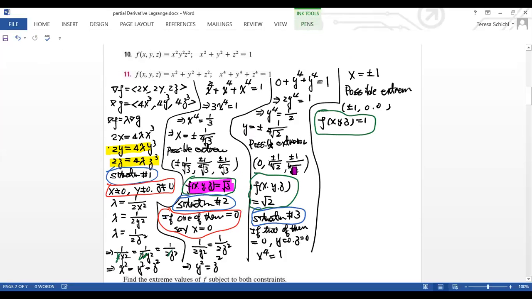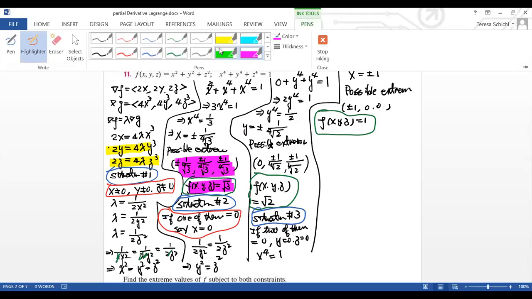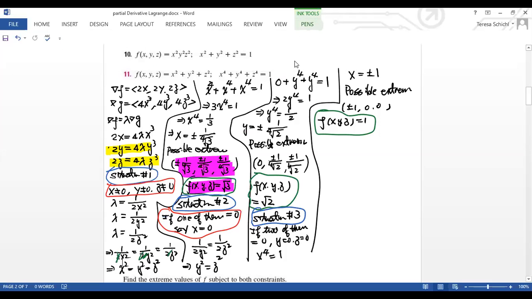The local max here is the square root of 3, right? It's going to happen at these 8 different combinations. Now, where is the minimum? The minimum is here, right? It's 1. Where is that going to happen? It's going to happen at these 2 points here.